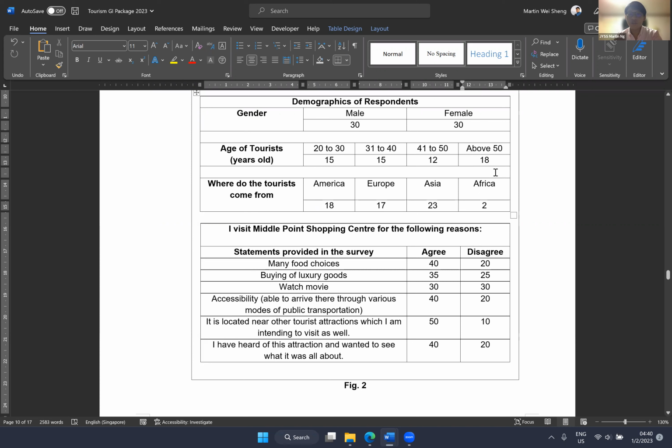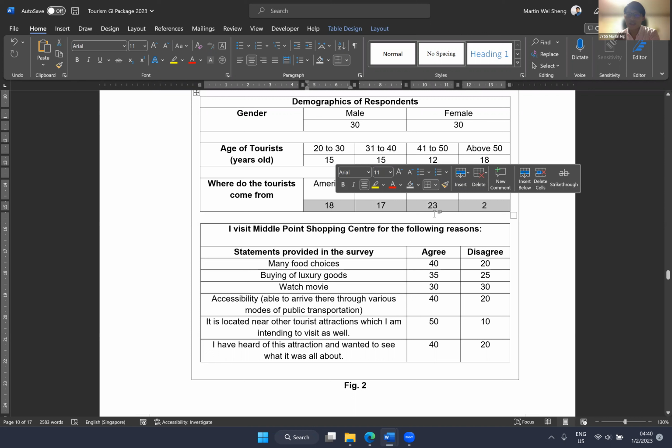So from here we can take note that each of the numbers from the categories are not equal. So you might want to think about how come this is as such. How come the numbers are not equal? Did the student do their sampling correctly? And also decide how did they arrive at this set of numbers.